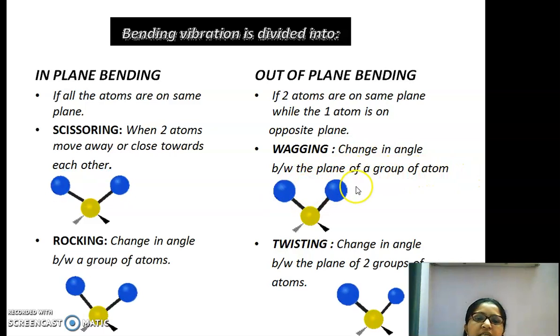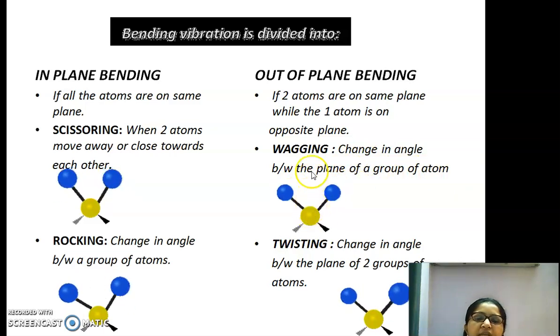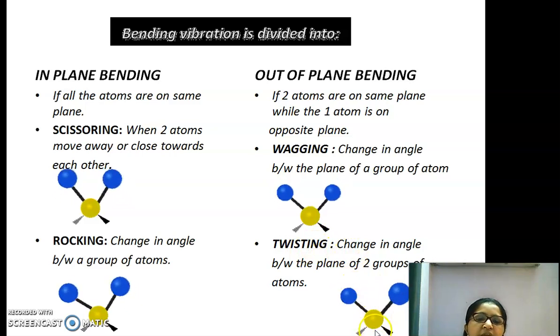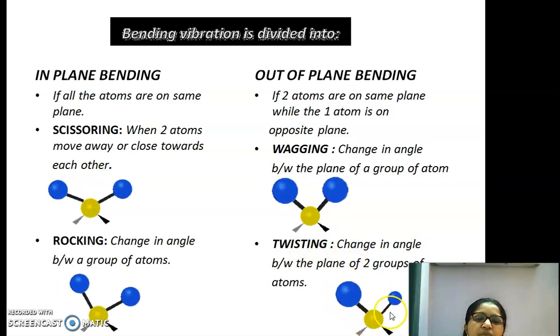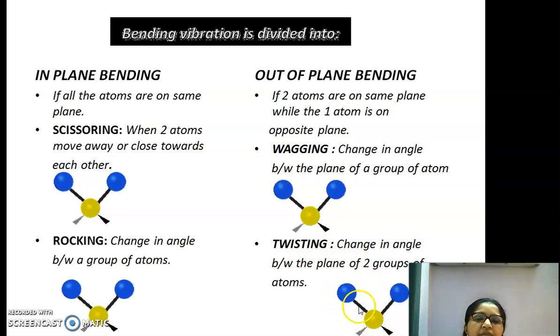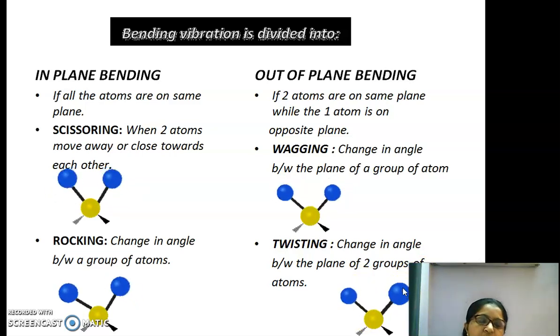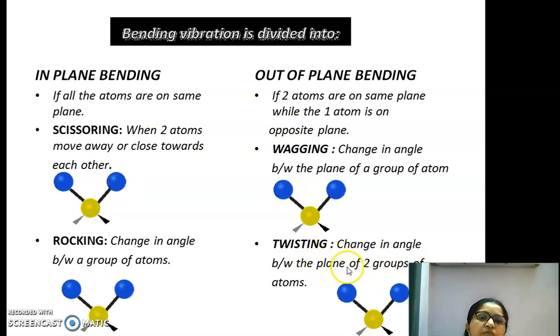Okay, so these two atoms and this atom, there is a change in the plane of these two atoms. Okay, the twisting. Now twisting, what is this? Here we have a plane and this is another plane. These two planes are continuously changing their angle. So here one is coming towards you, another is going away from you. Okay, so therefore it looks more like a twist. So it is called twisting.